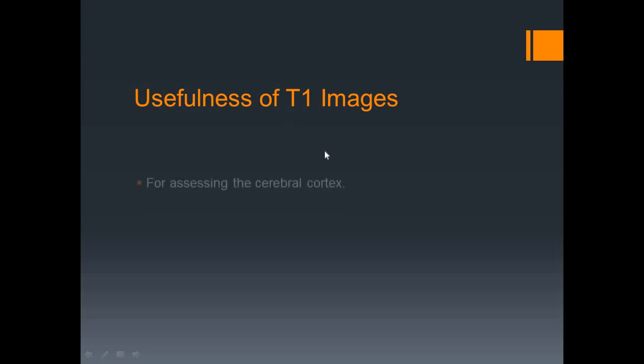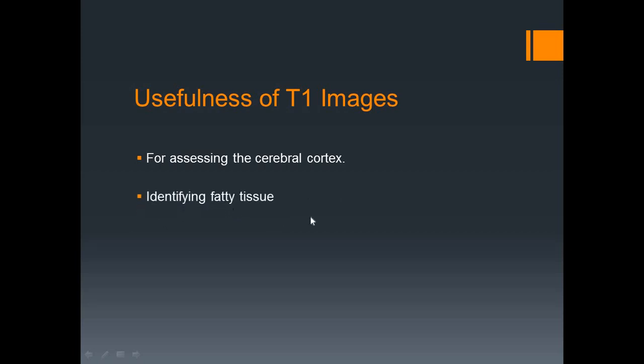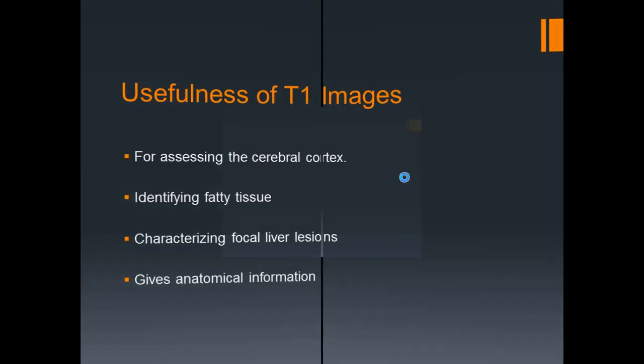Usefulness of T1 images: assessing the cerebral cortex, identifying fatty tissue, characterizing focal liver lesions, and giving anatomical information. So with T1 images, we get these four helps in the medical sector.